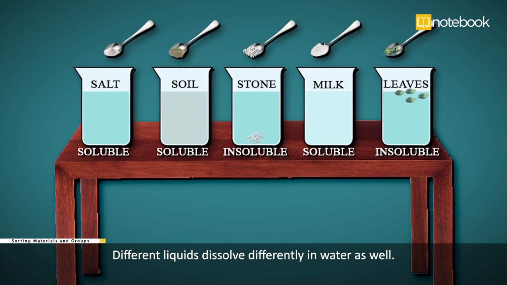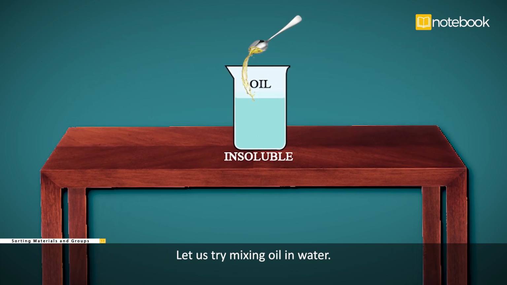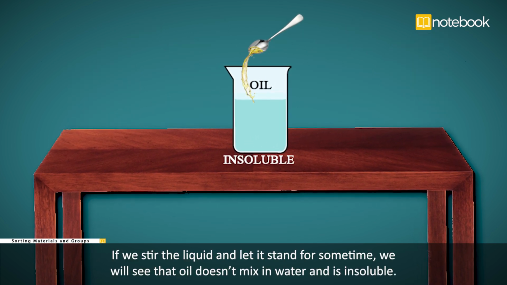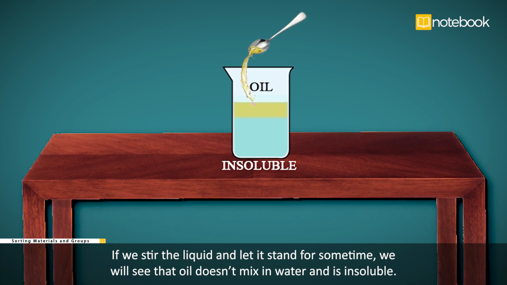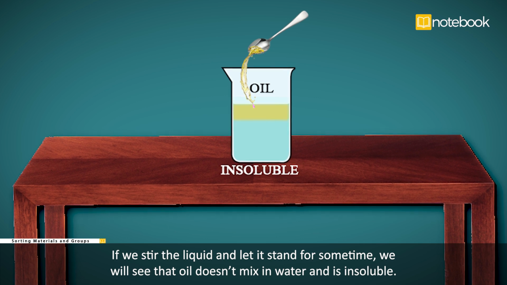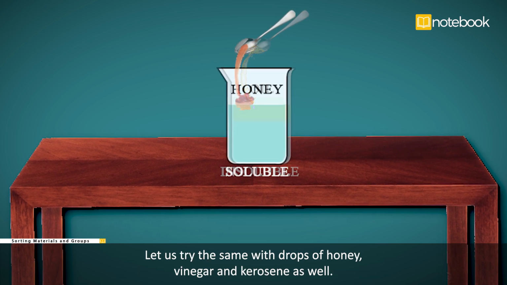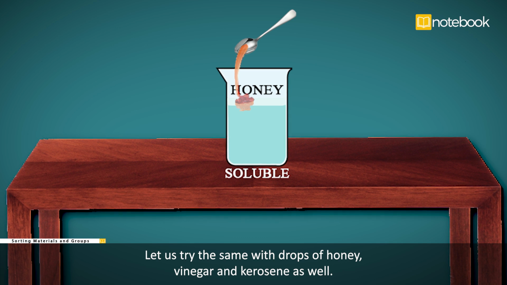Different liquids dissolve differently in water as well. Let us try mixing oil in water. If we stir the liquid and let it stand for some time, we will see that oil doesn't mix in water and is insoluble. Let us try the same with drops of honey, vinegar, and kerosene as well.